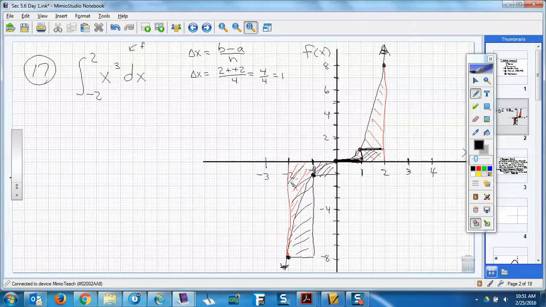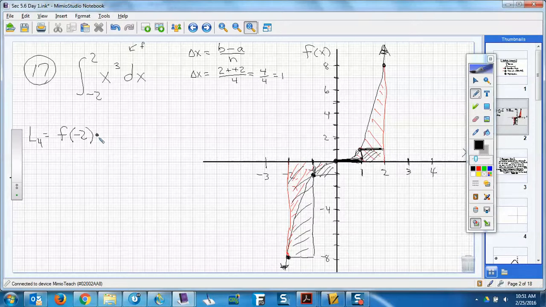Putting -2 into the function. So I'm going to write L4 equals f of -2 times, because that's the height of my rectangle.